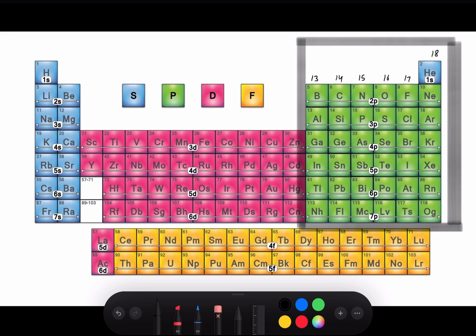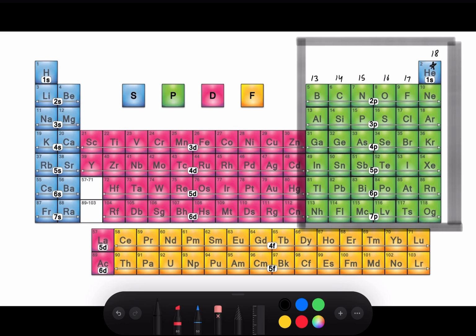And here the exception is helium. Helium has the electronic configuration 1s2, but the properties of helium match with the noble gases. That's why we have placed helium in group number 18, that of noble gases.